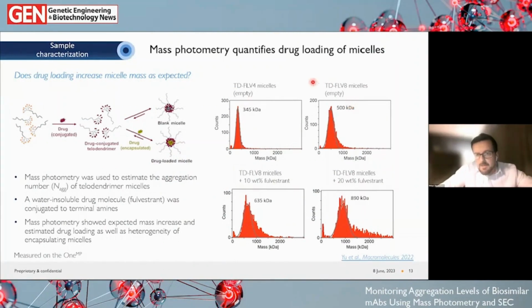We have empty micelles shown in the top couple of panels, and in the bottom panels we can see micelles with fulvestrant present in different proportions. We can see that there is progressively more loading of fulvestrant as we increase the abundance of that particular drug.